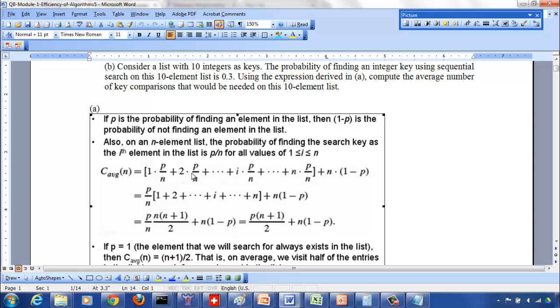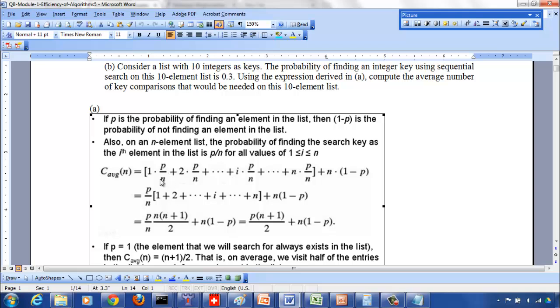This portion is the case if the element is in the array. Then if the element is not in the array, that's the probability of 1 minus p, we would do n comparisons, because we will go through the entire array. So that is the expression for the average number of comparisons.